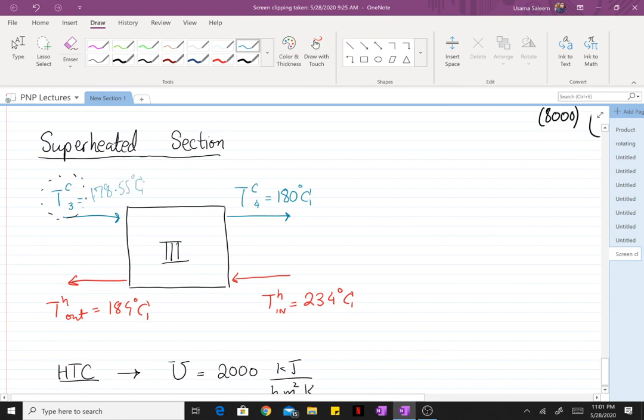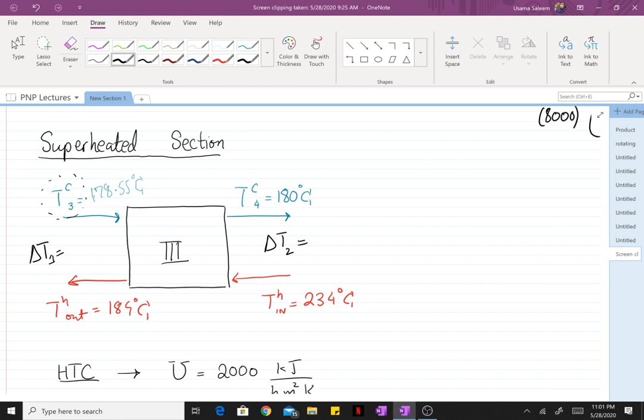And notice that we know the delta T on the hot side, and we know all the temperatures of the four streams, so we don't need to use the energy balance. We can jump right into the design equation and find the area.